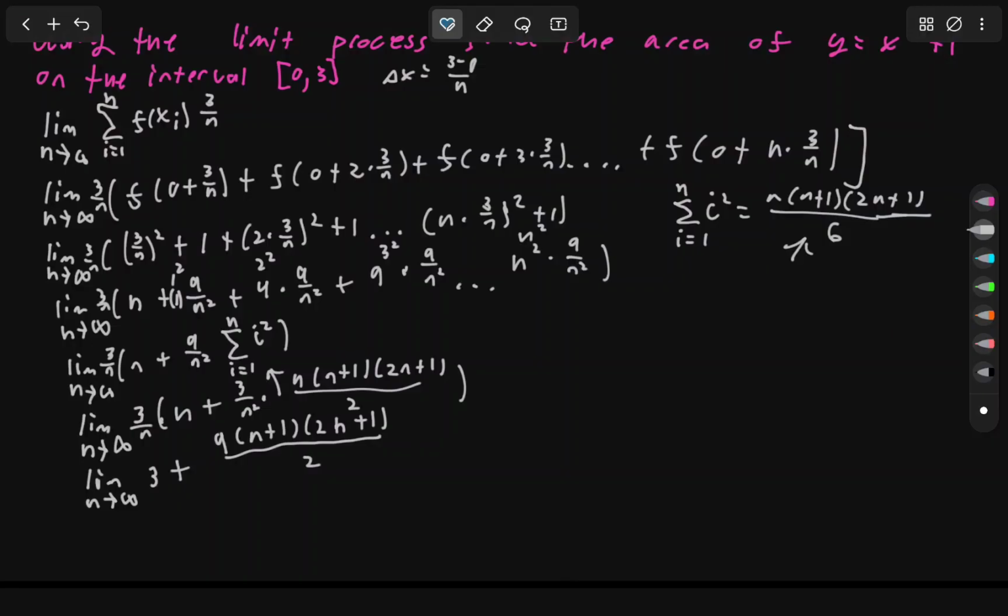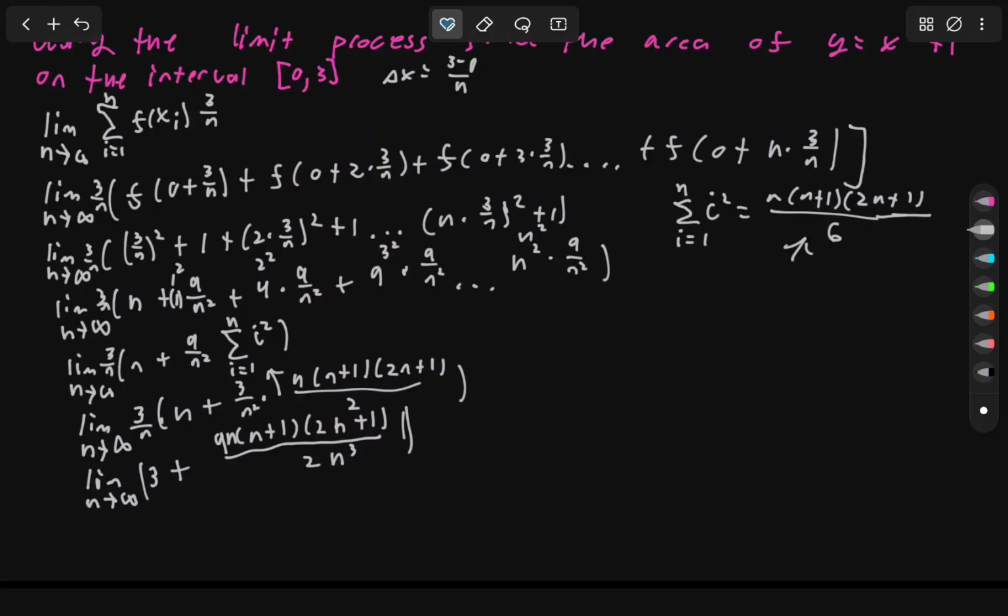Well, allow me to ask you this question. What is the limit as this approaches infinity? Well, we have to do a small bit of fuzzy math. Or sorry, n cubed. There should be an n cubed here, and there should be an n up here. There we go.